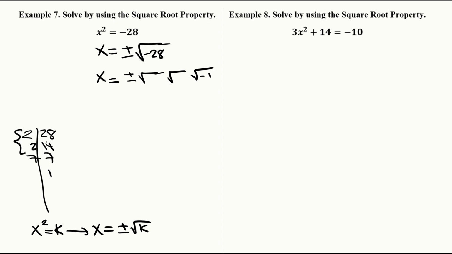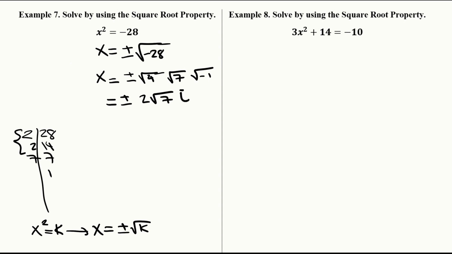We can see that there's a perfect square there, so we can put 4 in the first radical, the perfect square radical, 7 goes in the non-perfect square radical, and we have -1 in the last one. Notice that 4 times 7 times -1 is indeed -28. They have to all be under the radical, of course. So now we know that the square root of 4 is just 2, right? So we get plus or minus 2 radical 7. And we know that we always want to write the square root of -1 as i.